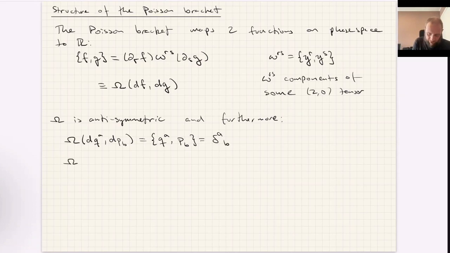Similarly, if I take Omega(dq^a, dq^b), that's the Poisson bracket of two q's, so it's 0, but that's also equal to the Poisson bracket of two p's, so Omega(dp_a, dp_b). So that fully defines this rank 2 tensor.